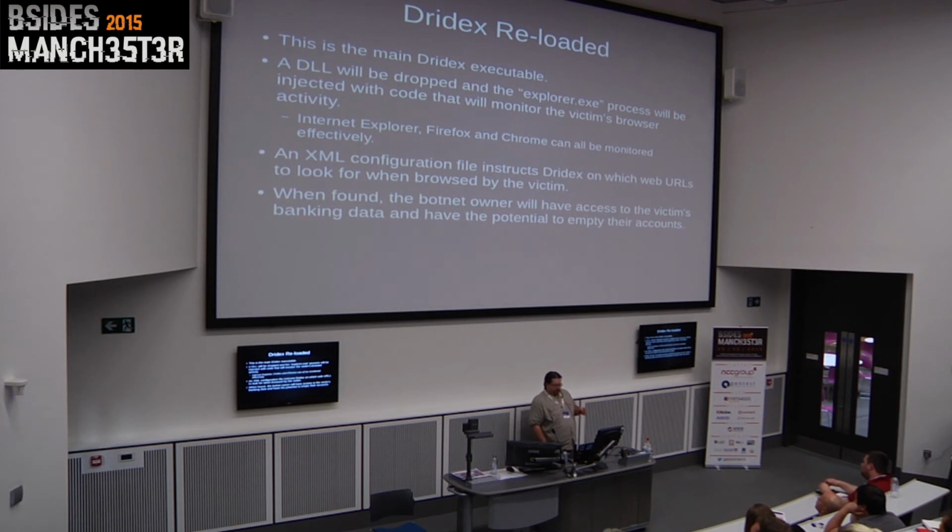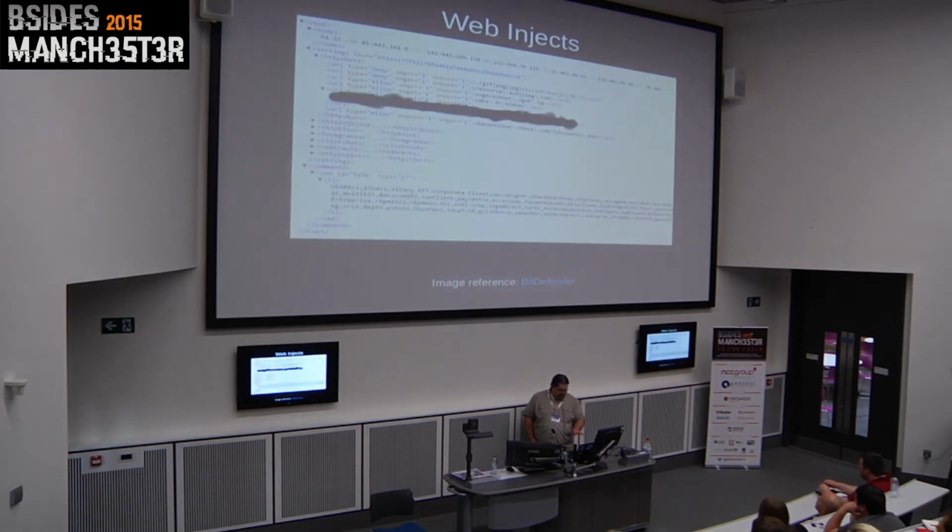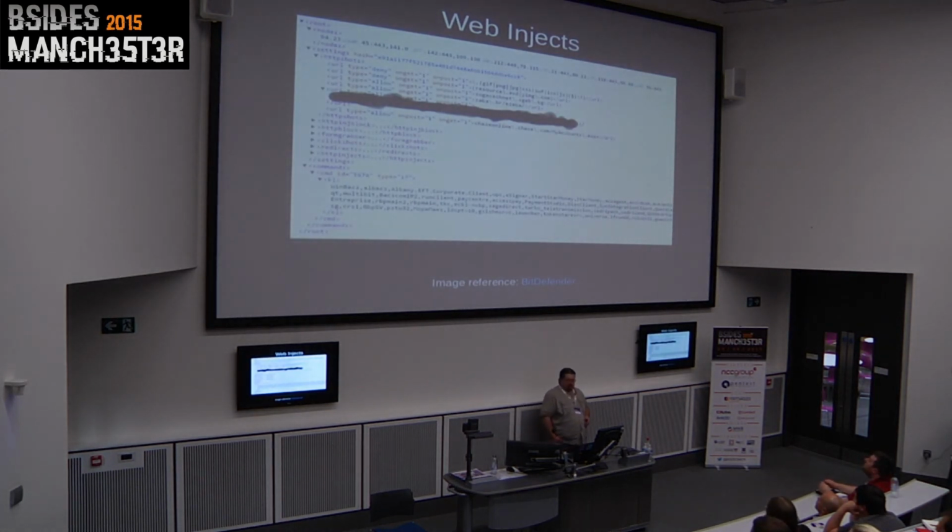Like I mentioned before, the thing that essentially tells Redux what to be on the lookout for is just an XML config file. So when the victim goes, and I realize I have to black out one of the URLs there, but if you have a look, you'll see that it's referencing Chase Online.